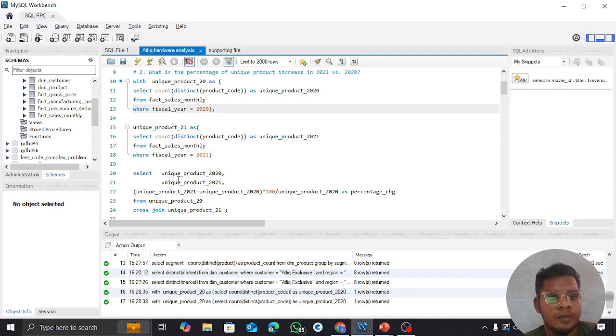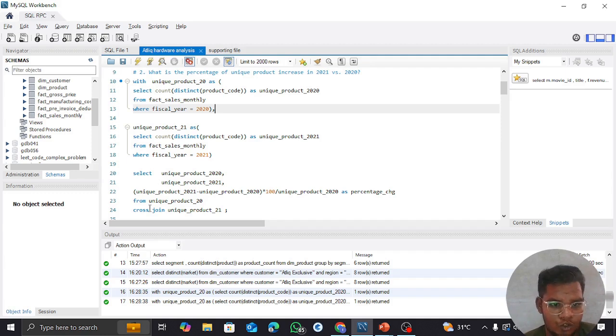Here we have created two tables using CTEs, and then we select from both tables and make the difference, so we subtract and multiply to get the percentage change.